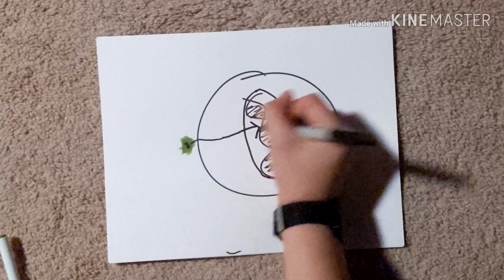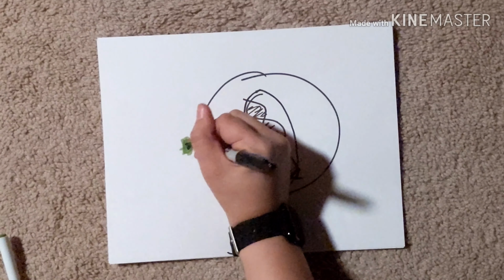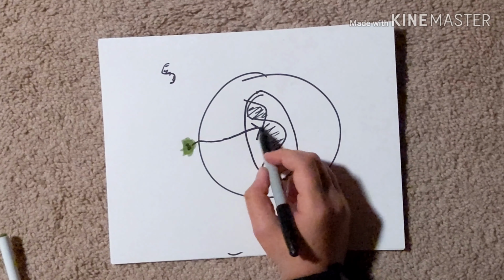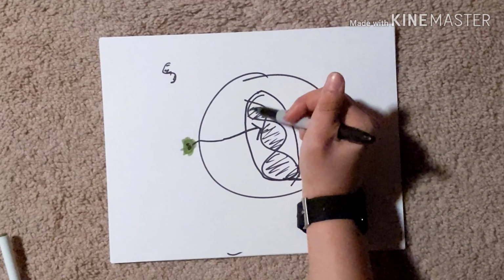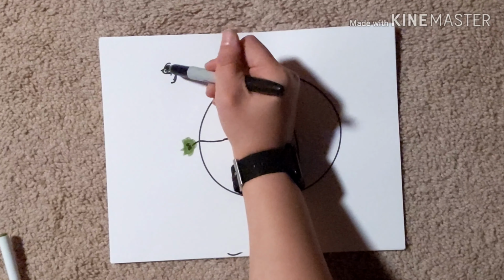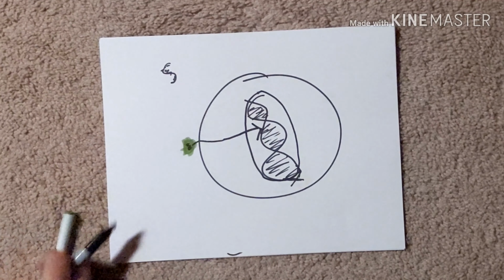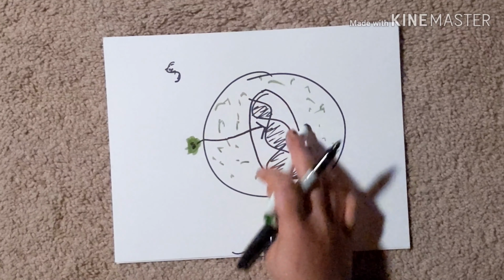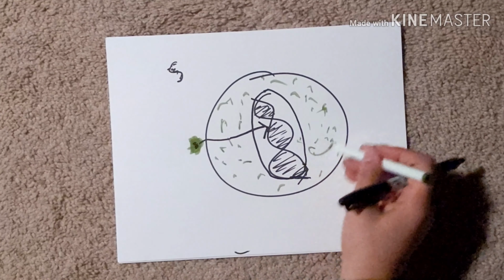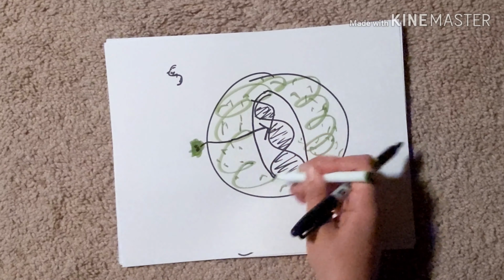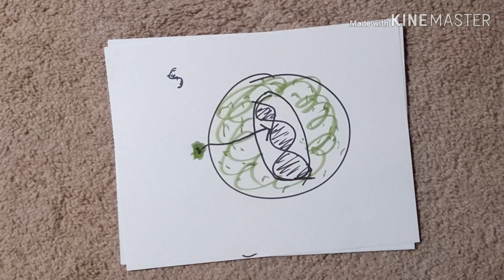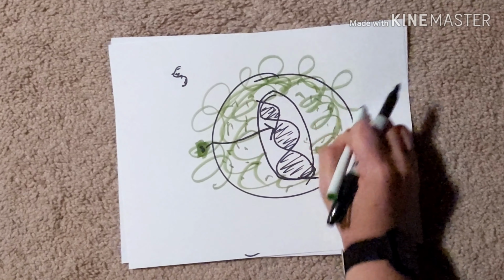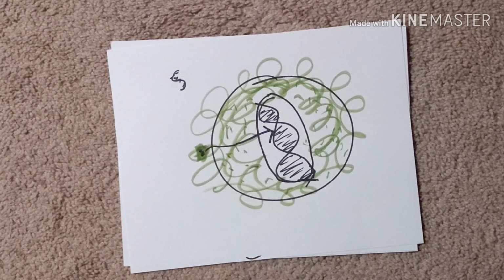But when it gets to the nucleus, it takes over, and with its little strand of RNA, makes the cell make more viruses. So when the cell makes a whole bunch of viruses and they can't contain how many viruses there are anymore, it bursts. And then there's a whole bunch of viruses everywhere.